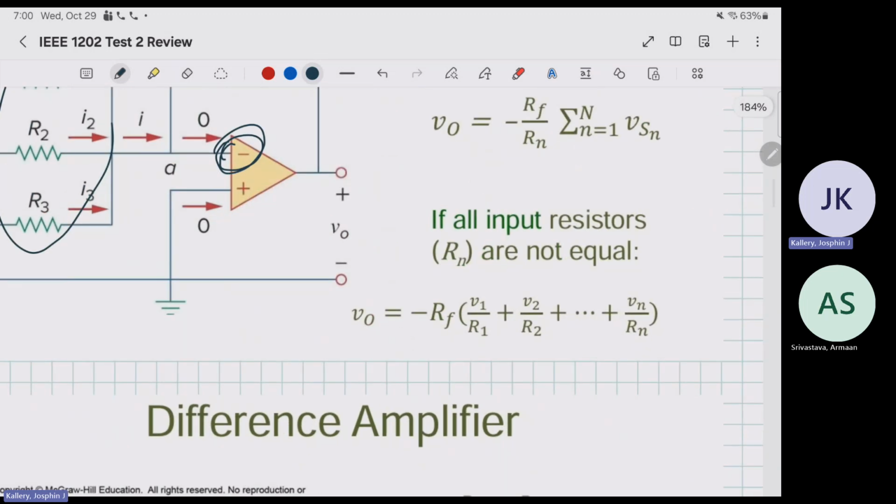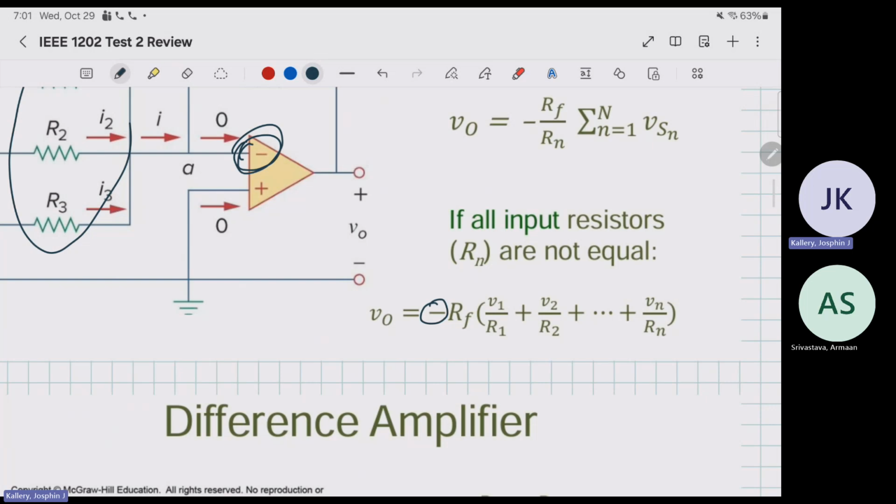That is why we are still keeping the negative sign when calculating Vout, just like for the inverting, but now you're summing the currents from each resistor. And this will be for Vout. So be sure to remember that it's not Vout over Vin, it's Vout. Just keep that in mind.